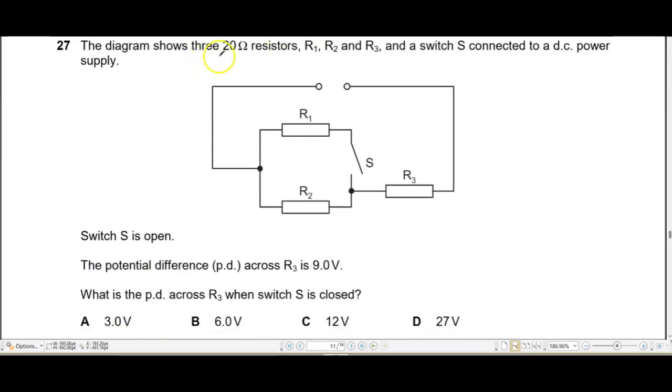The diagram shows three 20 ohm resistors R1, R2, R3 and the switch S connected to a DC power supply. Switch S is open. The PD across R3 is 9 volts. What is the PD across R3 when the switch is closed?